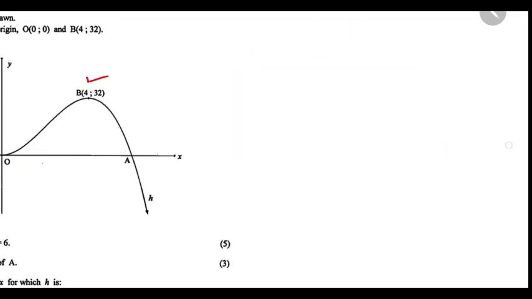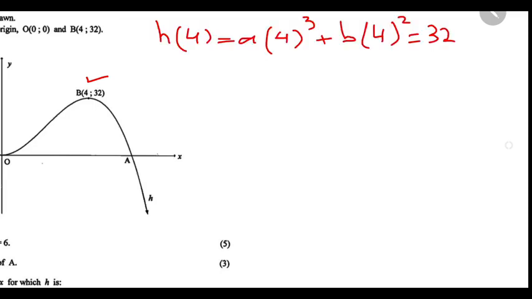The point 4 and 32 is also on the graph of h of x. So I substitute into the original function: in place of x I substitute 4 and set it equal to 32, because the y value is 32. Therefore the answer is 64a plus 16b is equal to 32.